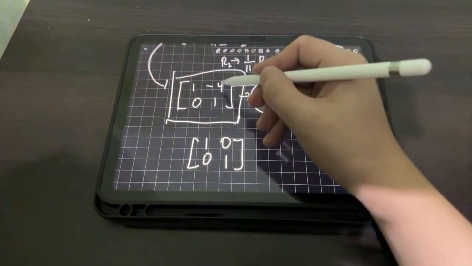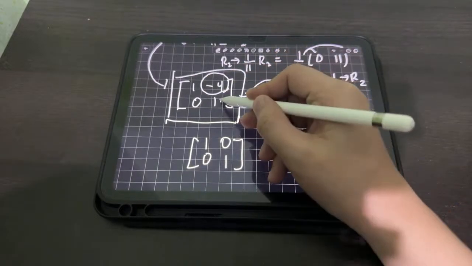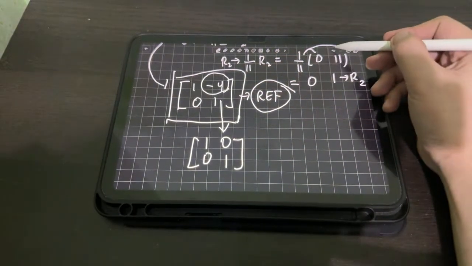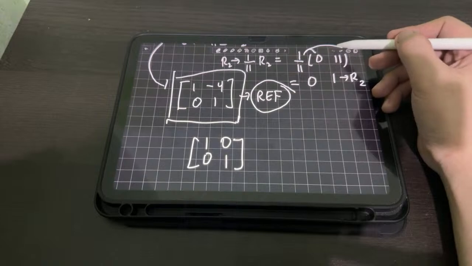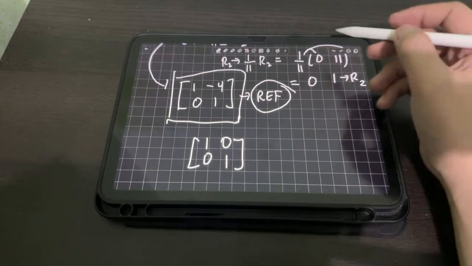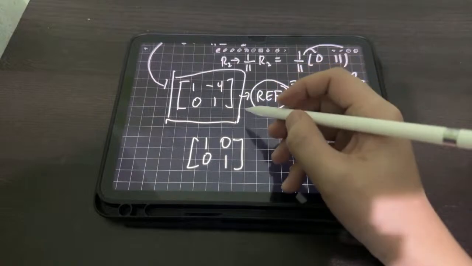So we just need to change this negative 4 to 0, right? We can do that by adding a multiple of a row to another row.